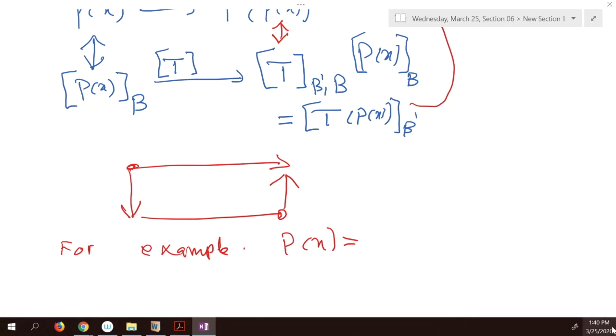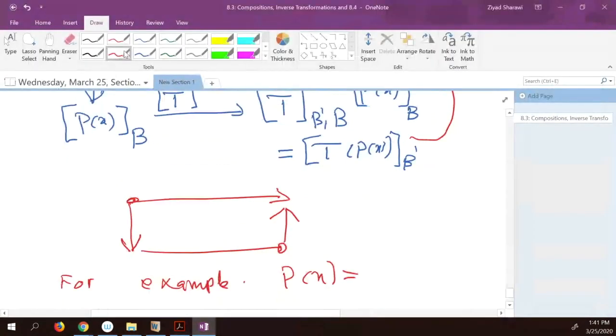Let's see, who's going to give me first a polynomial? Let's see, Ula, Raya, Rashid, Saif, Salama, Sheikha. X squared plus 2x plus 1. Okay, Tala, thank you. X squared plus 2x plus 1. All right.